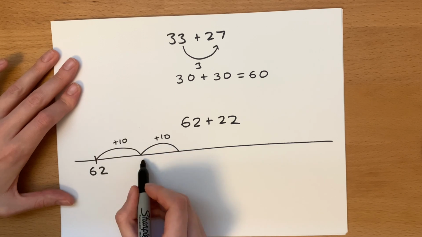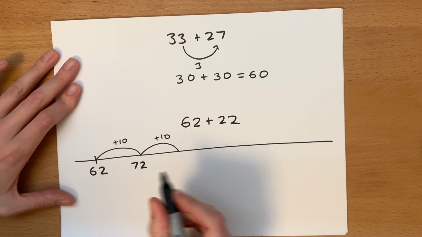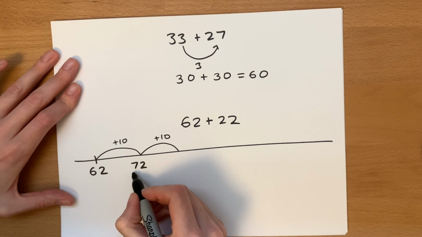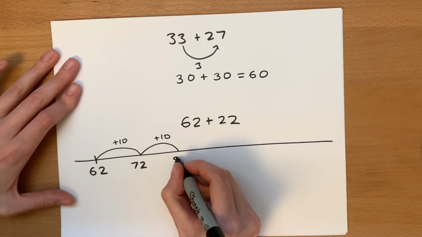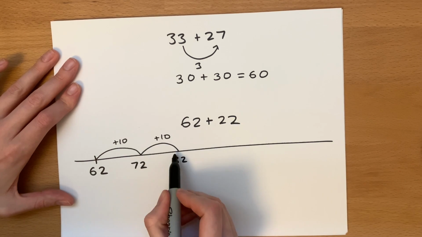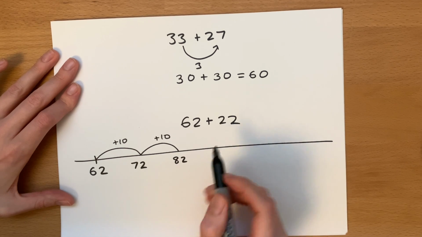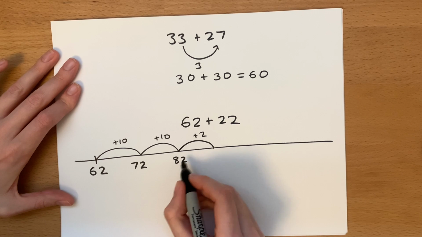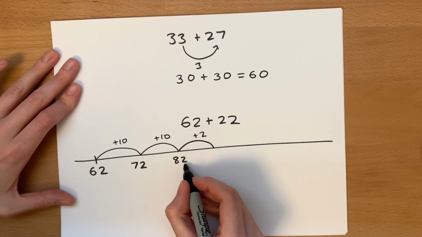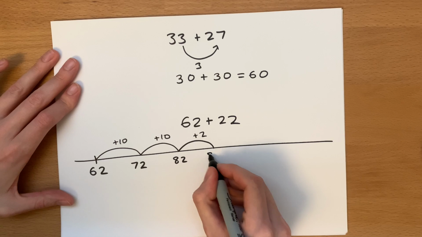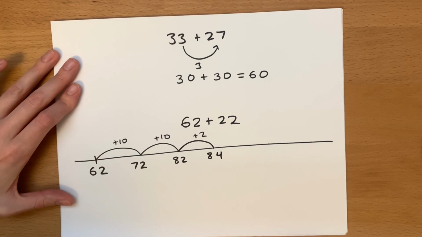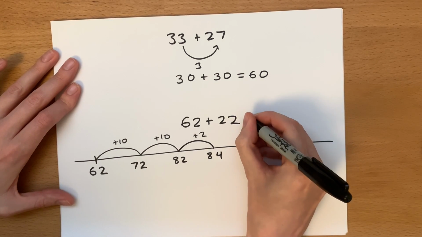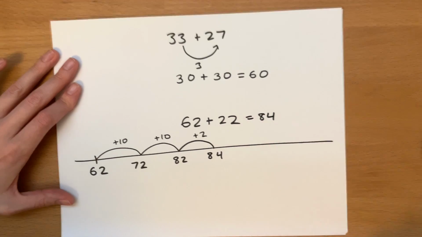So if I add one more 10, I'll have 72. And if I add another 10 to the tens place, I'll have 82. So I've added 20 so far. I still need to add the 2 from 22. So 82 plus 2 ones. So 2 ones plus 2 more ones is going to give me 4 ones. 62 plus 22 equals 84.